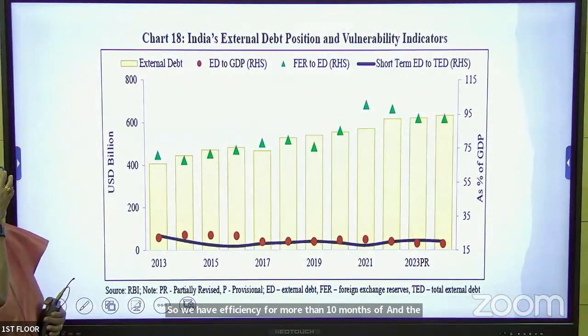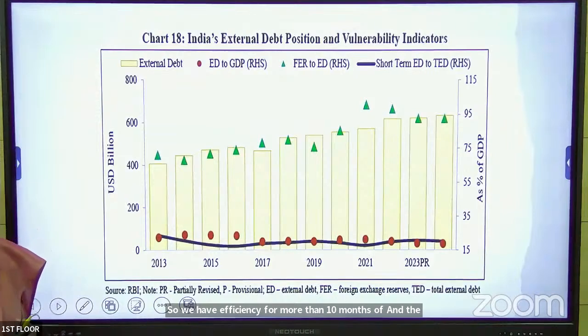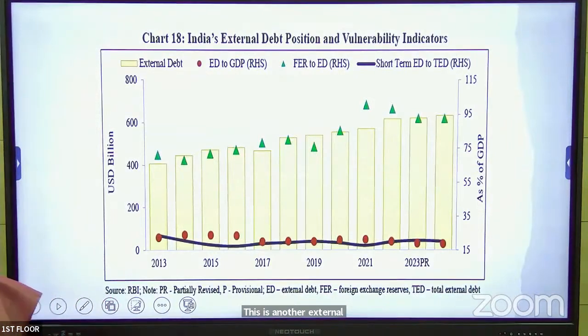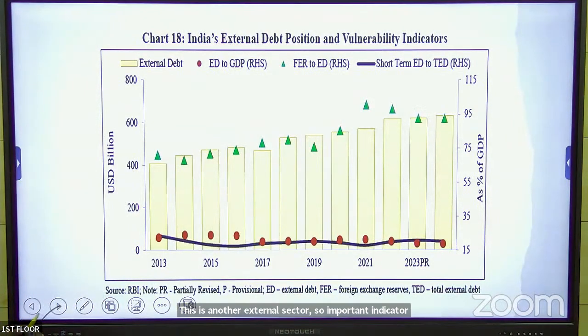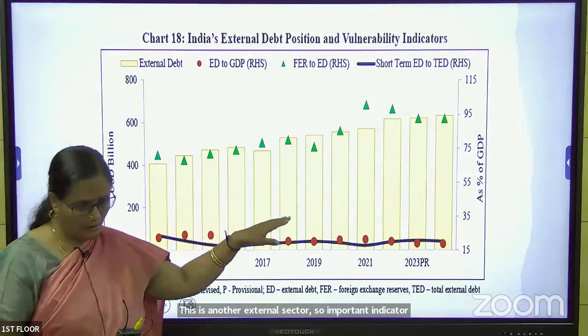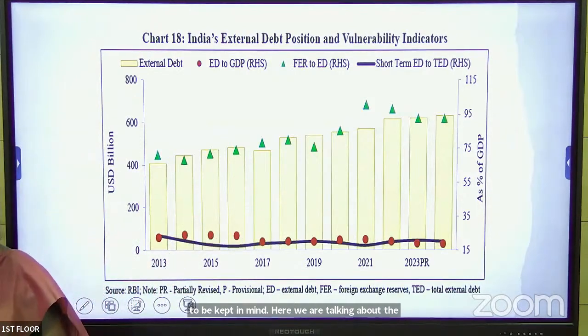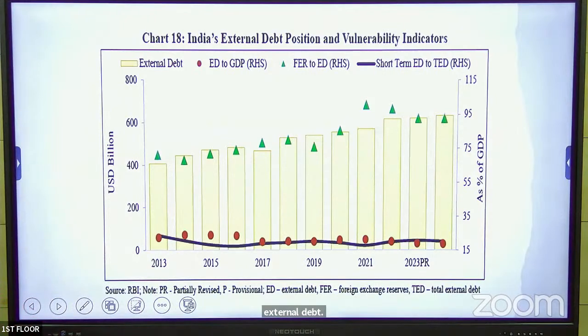This is another external sector's important indicator to be kept in mind. Here we are talking about the external debt. I am not talking about the external debt of the government. I am talking about the external debt of the country. In the earlier table, when we studied the budget, we said internal debt, other internal liabilities, and external debt.